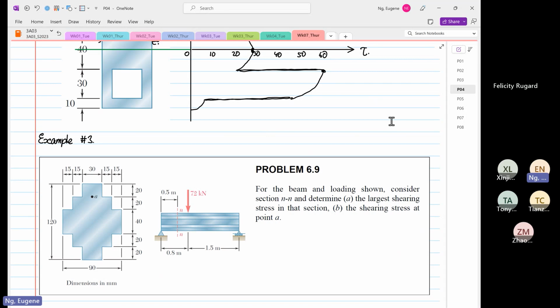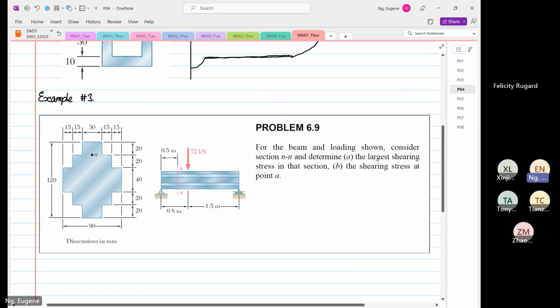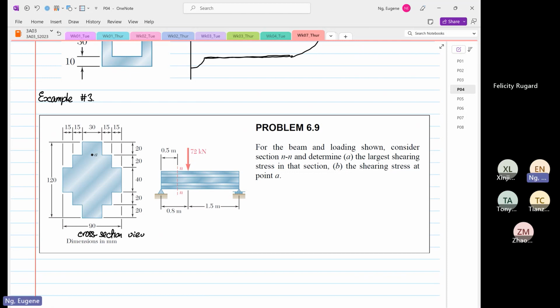On the left hand side, this is the cross sectional view. You can see the thickness at the top is small, at the top is 30, then the thickness changed to 60, then the thickness changed to 90. Then once it passed the centroid, it started reducing again. And on the right hand side is the loading of the structure.